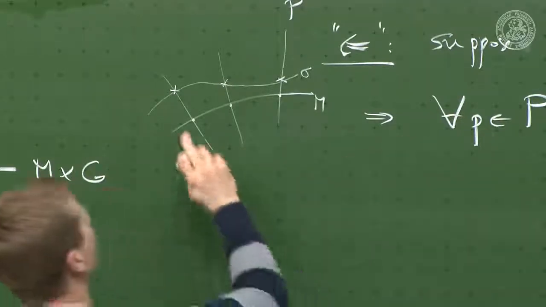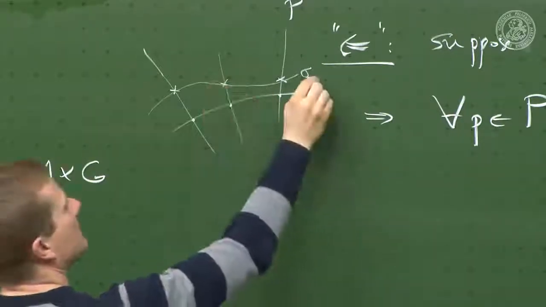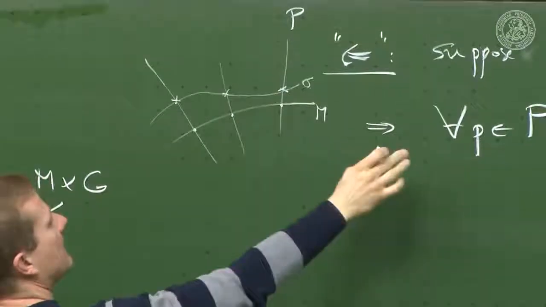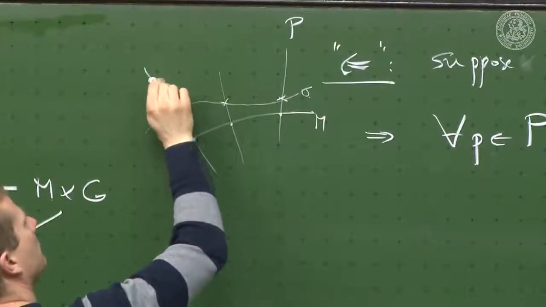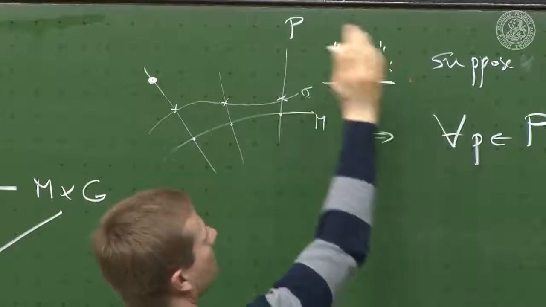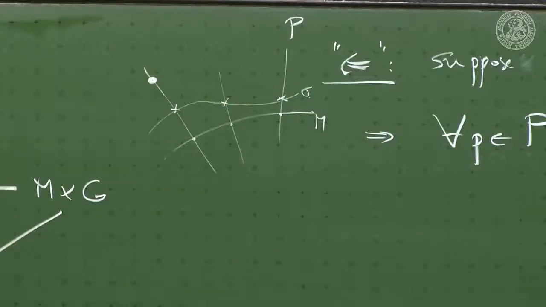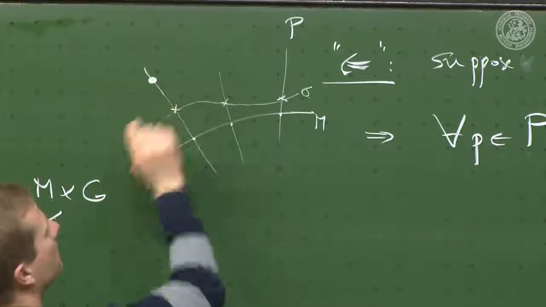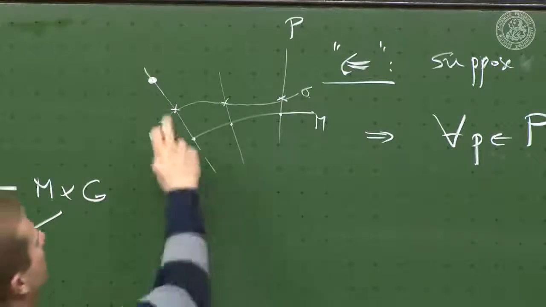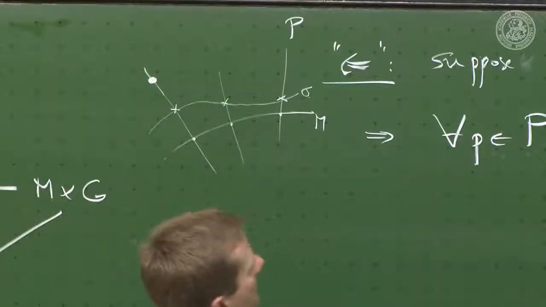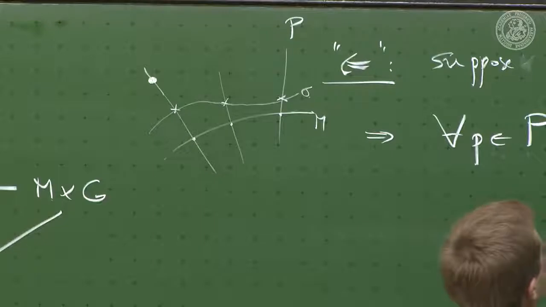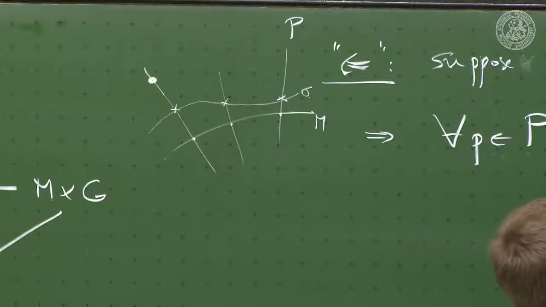But now I pick in a fiber, so the sigma be given, and now I say I go to a certain fiber. Well, no, I don't go to a certain fiber. I don't go to any point in the bundle, but that will necessarily lie in some fiber. Okay? And then I have this point P, and I can compare it with the point I get by first projecting this point P down.